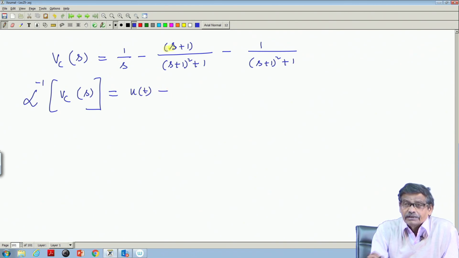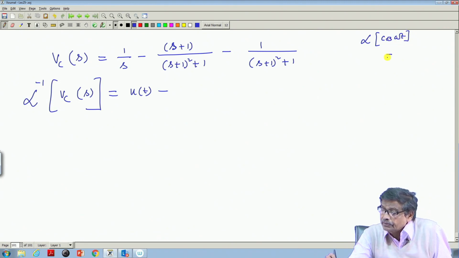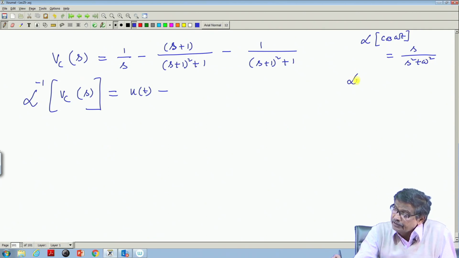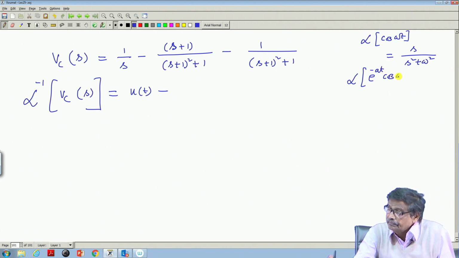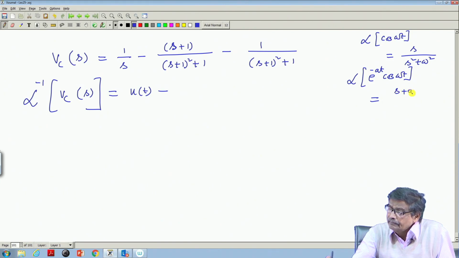Can you tell me what is the Laplace transform of this? Laplace transform of cosine omega t, if you recall, is equal to S by S square plus omega square, is it not? And Laplace transform of e to the power minus a t cosine omega t will be, replace S by S plus A, that is S plus A divided by S plus A whole square plus omega square.